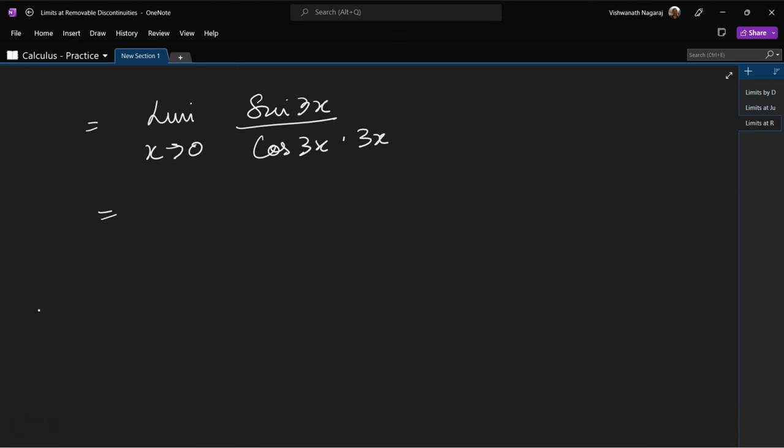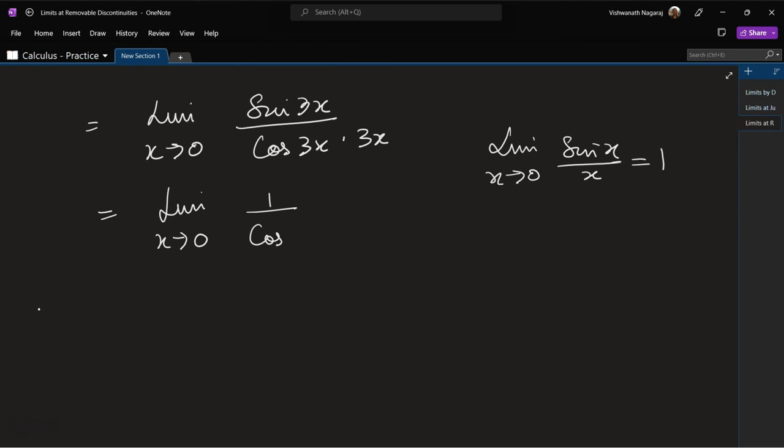And remember, limit as x approaches 0 of sin x by x is equal to 1. So here sin 3x by 3x is 1. So we can write it like this, limit as x approaches 0 of 1 by cos 3x times limit as x approaches 0 of sin 3x by 3x.